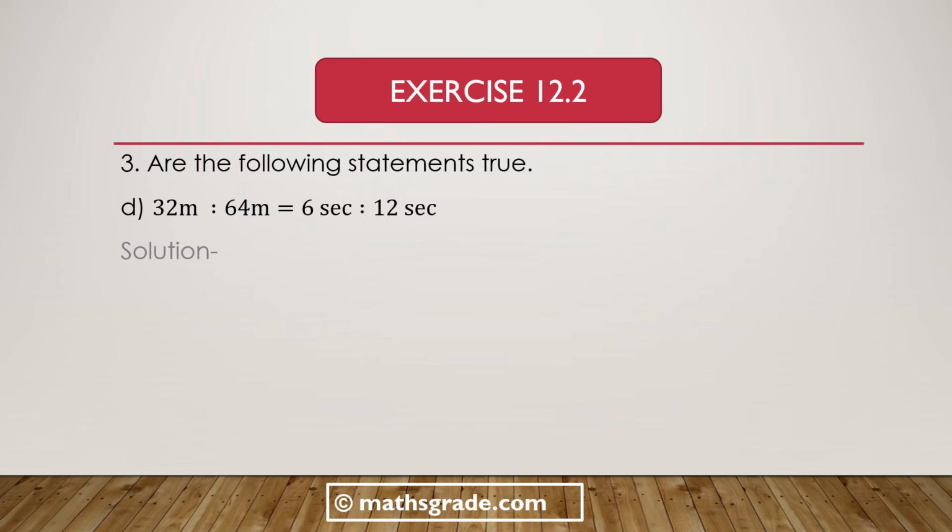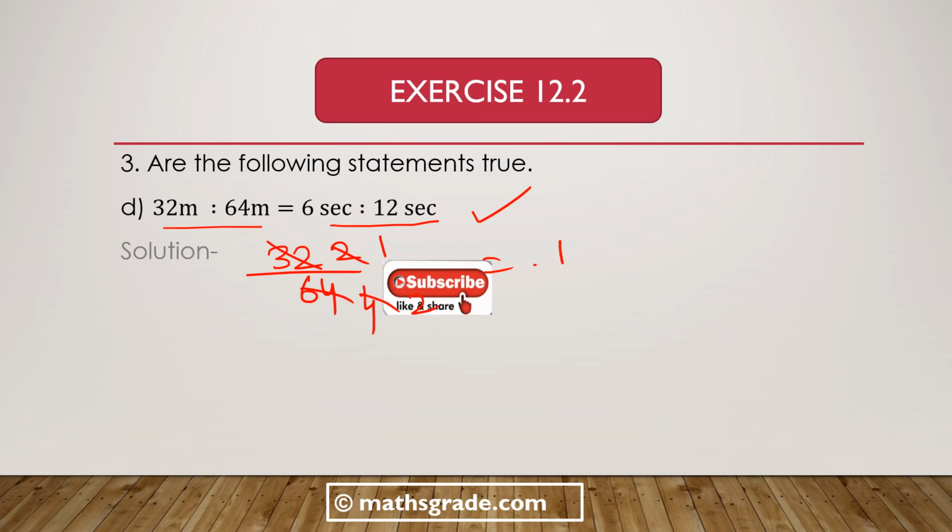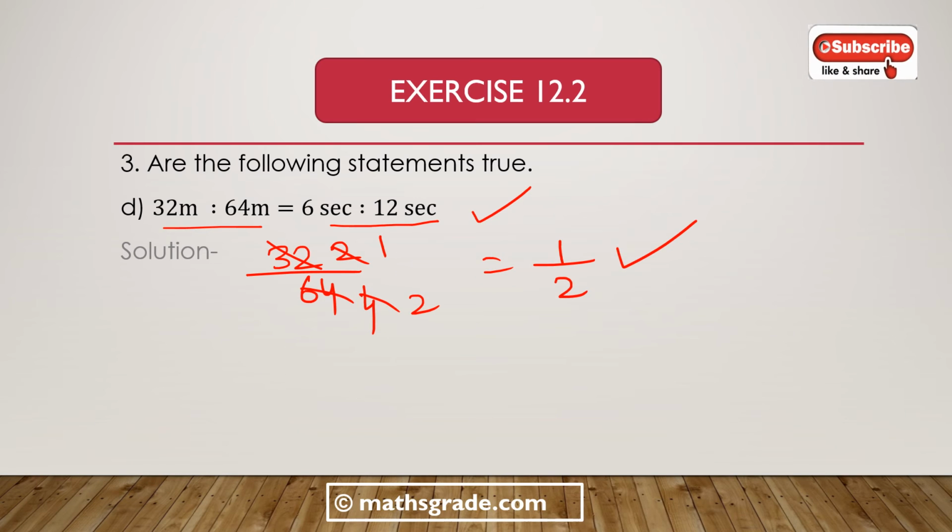Now part D, 32 meters is to 64 meters is equal to 6 seconds is to 12 seconds. Is this true or not? 32 divided by 64. Between 32 and 64, 16 is the common factor. Dividing 32 by 16 we get 2, and 64 by 16 we get 4, so 1 divided by 2.